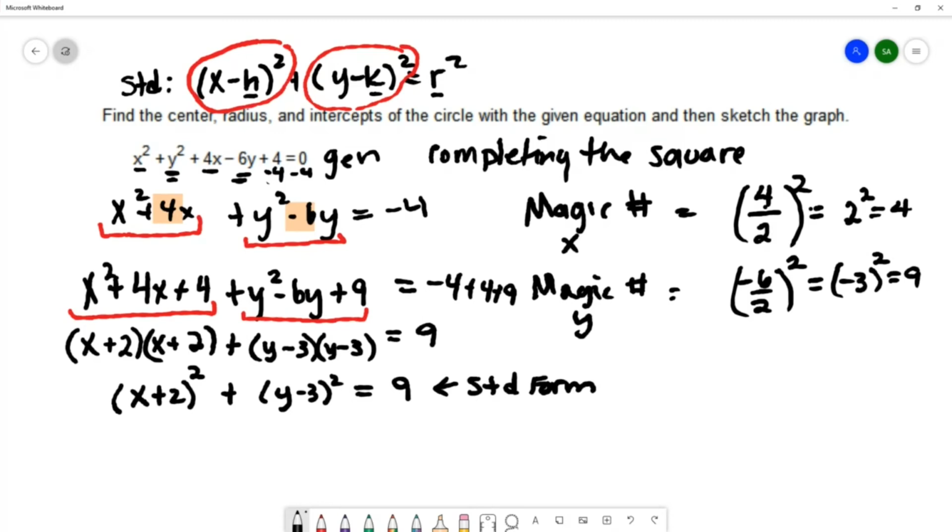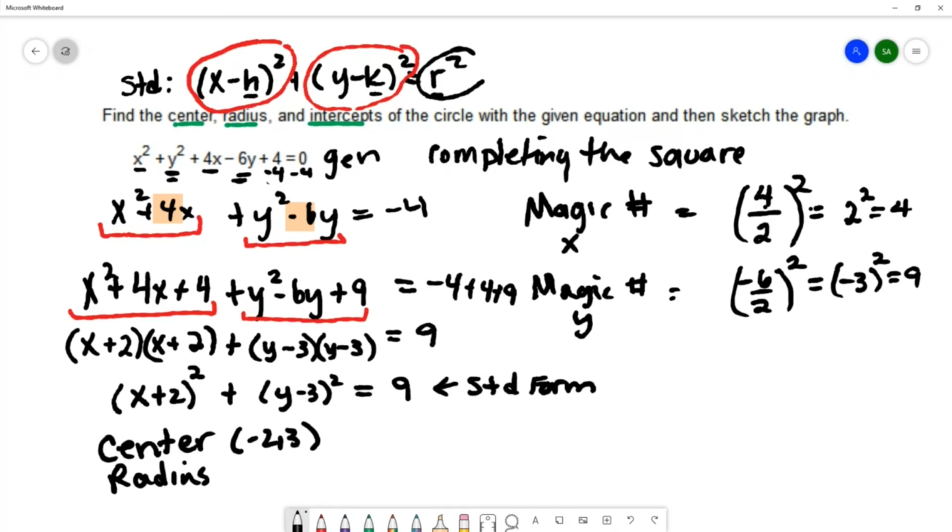And now that it's in standard form, we can much more easily find these pieces of information about the circle. We've got the center. The center is negative 2, 3. The radius. On the other side of the equation, we have the radius squared.